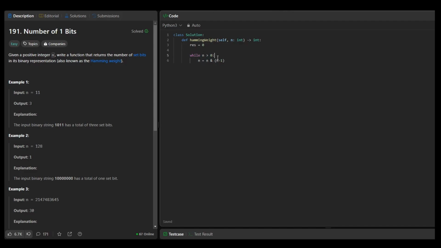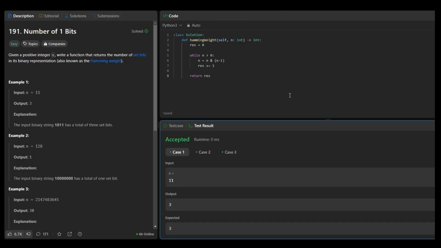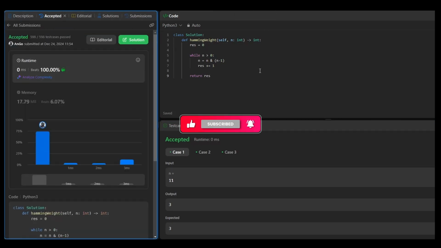The number of iterations it would take would be the solution of this problem. So over here I can say result plus equals 1. In the end, when we have n as 0 and we end this loop, we can return this result. Let's submit this code. We have it passing.